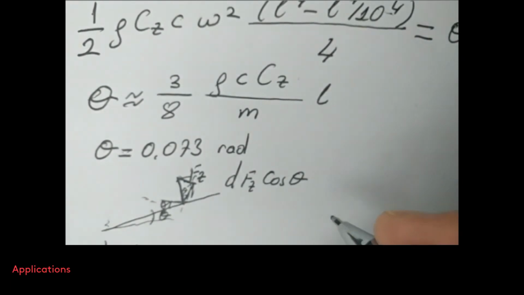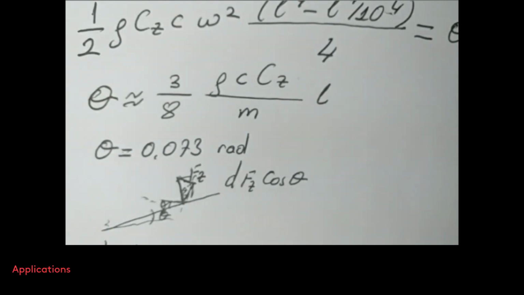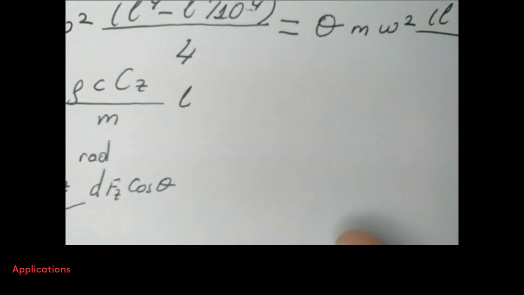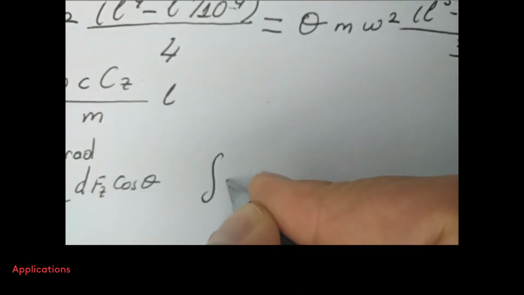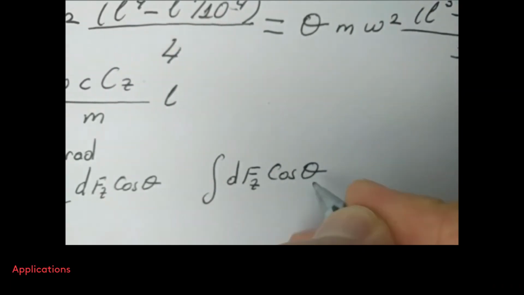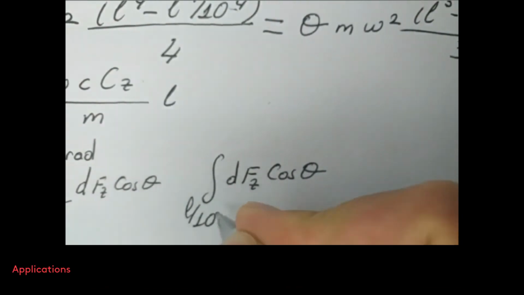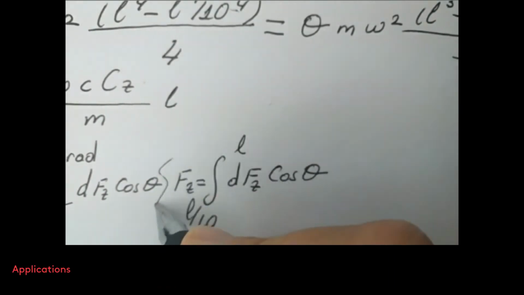Okay, so now we are going to calculate the weight from here. We will integrate the total lift force Fz cosine theta, and the limits of the integration are from L divided by 10 to the L, and this is the total lift force on one blade. So we can put the values.